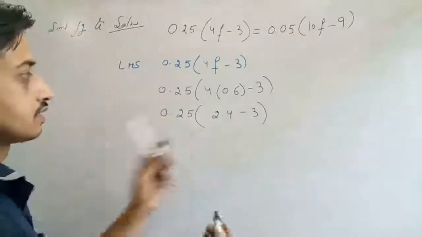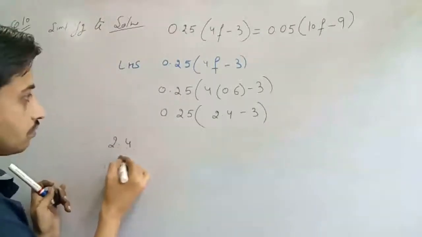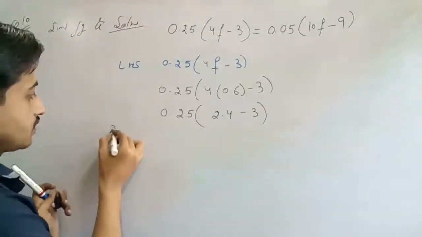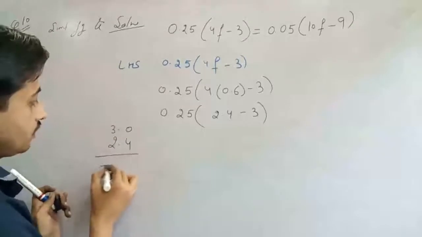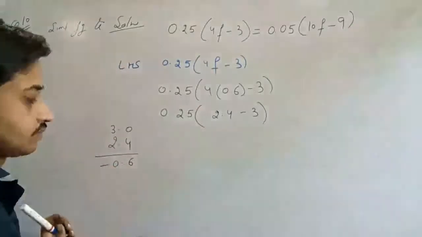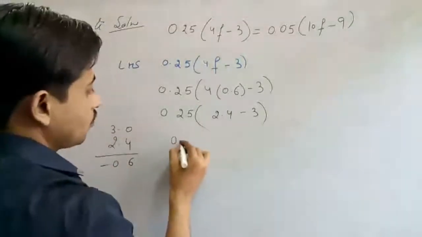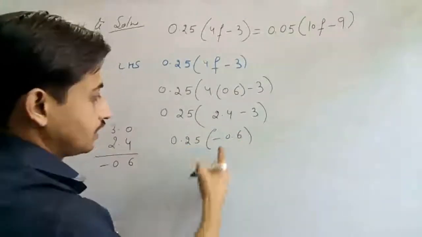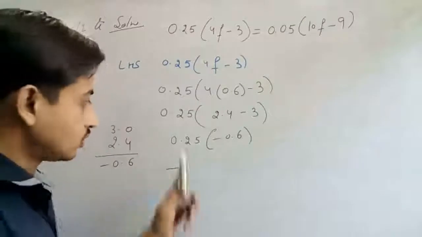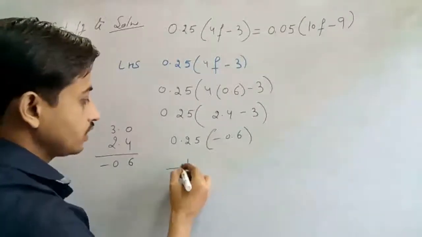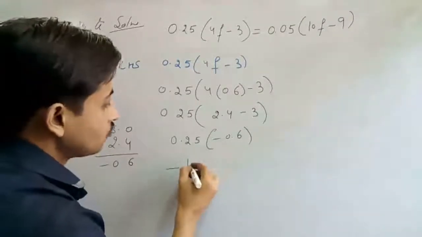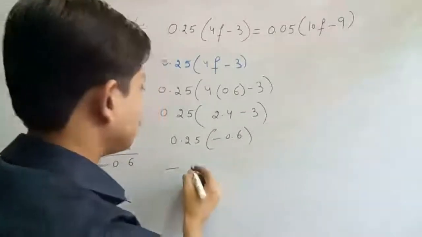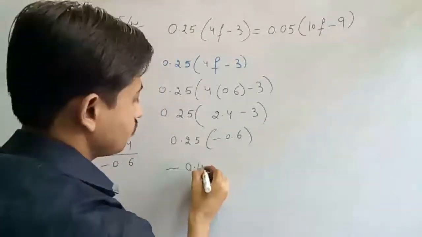Now if we subtract 2.4 and 3.0, we get minus 0.6. So 0.25 into 0.6, and the negative sign comes outside. 25 into 6 is 150. So we get 0.150.